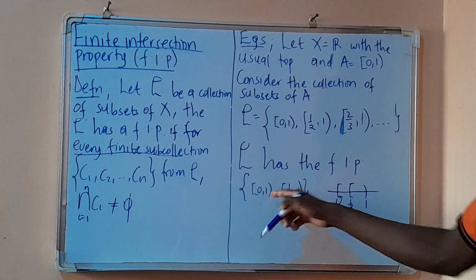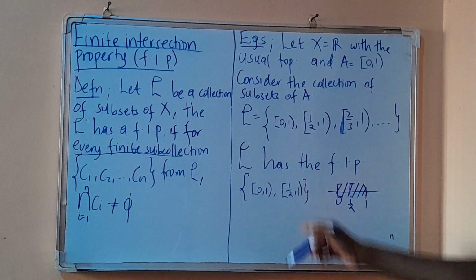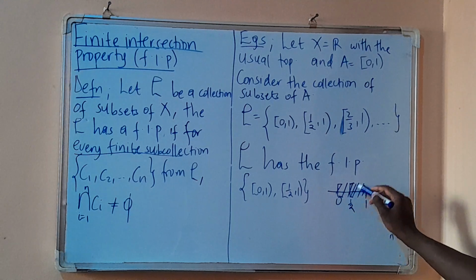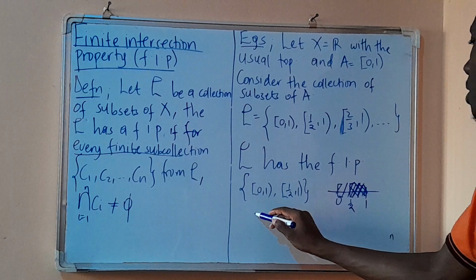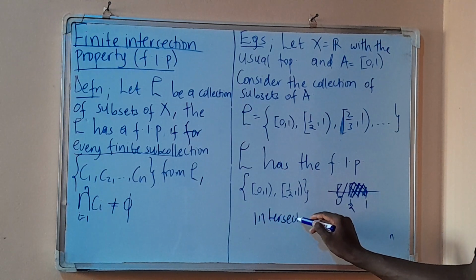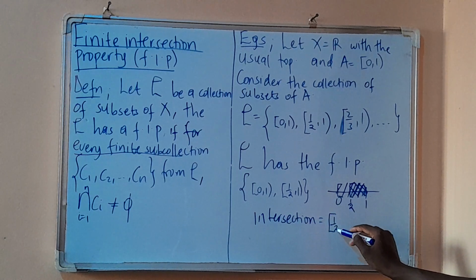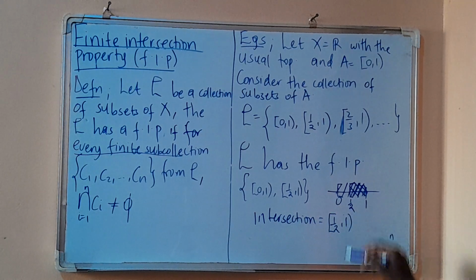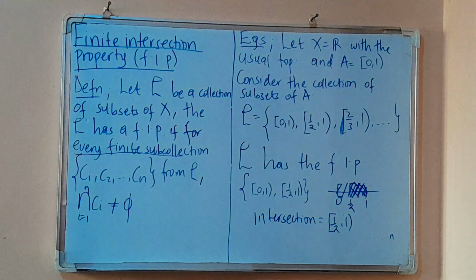So from 0 to 1, this is the interval from 0 to 1, then a half to 1, it's actually this one. So you realize that the intersection here is equal to a half, 1. So this collection here has the finite intersection property. So that is the finite intersection property.